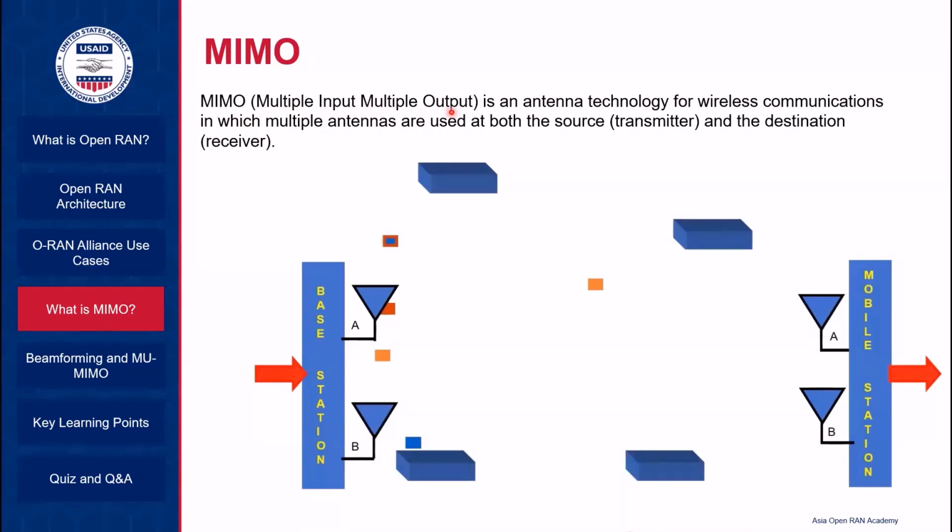So meaning, meron kang multiple inputs or different stream, no? More than one na stream or source, and then meron kang more than one na receiver, yan, output natin after ng channel. So this is an antenna technology for wireless communications in which yung multiple antennas are used at both the source or the transmitter and the destination.